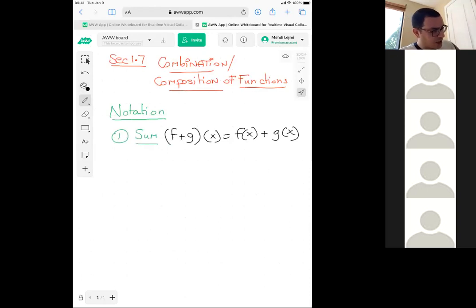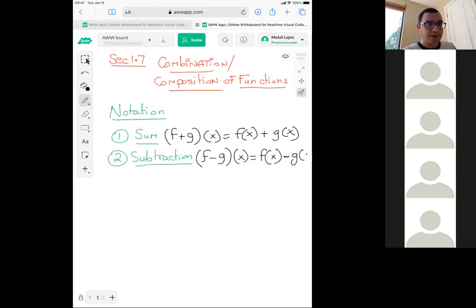Next algebraic operation was of course subtraction. And for the subtraction, the notation is the following. We had f minus g. So we write f minus g of x, and that will be f of x minus g of x. Okay. Next operation is the multiplication.